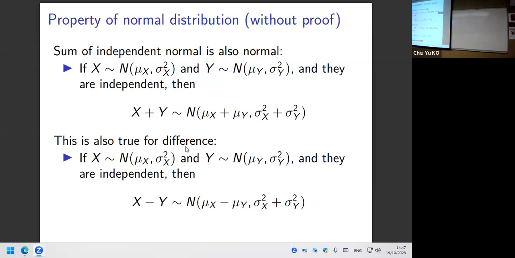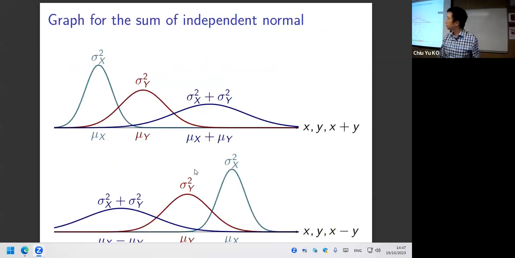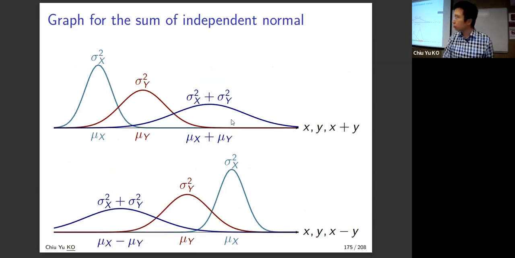But surprisingly, for normal, if you add 2 bells, it's the same as a bell. Look at this diagram. I have a bell in light blue and a bell in red. Adding up gives a deep blue bell. This is very surprising because it almost never holds for other scenarios, but it is true for normal.